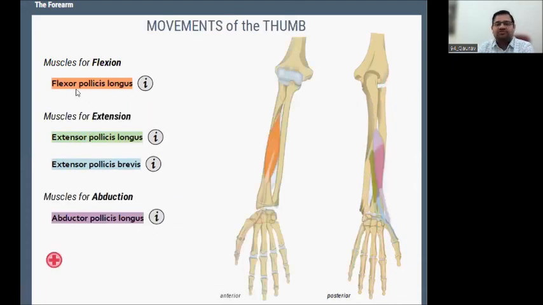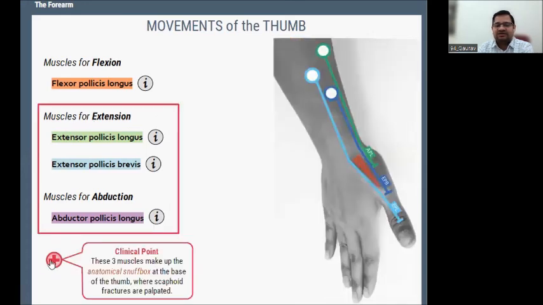For thumb movement, flexor pollicis longus will do flexion. For extension, extensor pollicis longus and extensor pollicis brevis, and for abduction, abductor pollicis longus. So as the name suggests, pollicis is there, and for the special function, the name of that function is also there. So it is very obvious to understand the name of the muscles and their function.